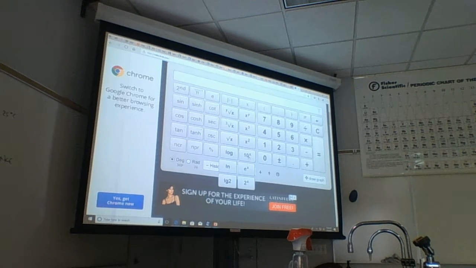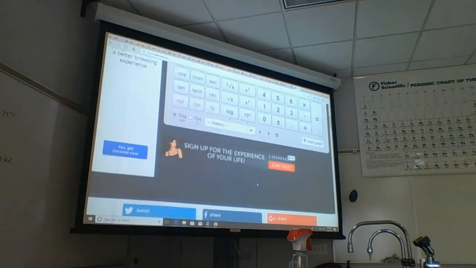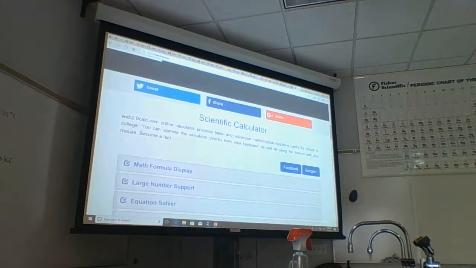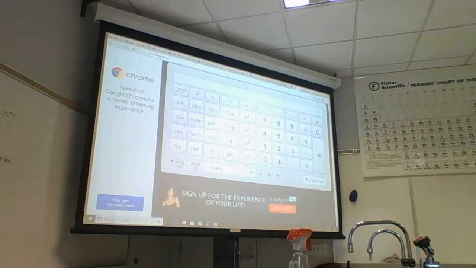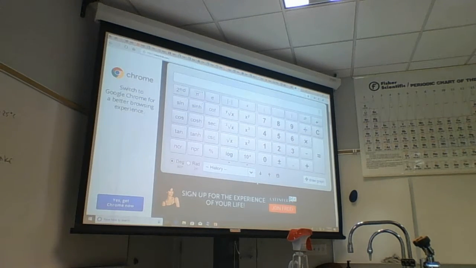If you do, stop using it. You should use the EE or the EXP key. The difference is you're going to be off by a factor of 10, depending on how you key the number. I can see people doing it because their answers are off by one order of magnitude.